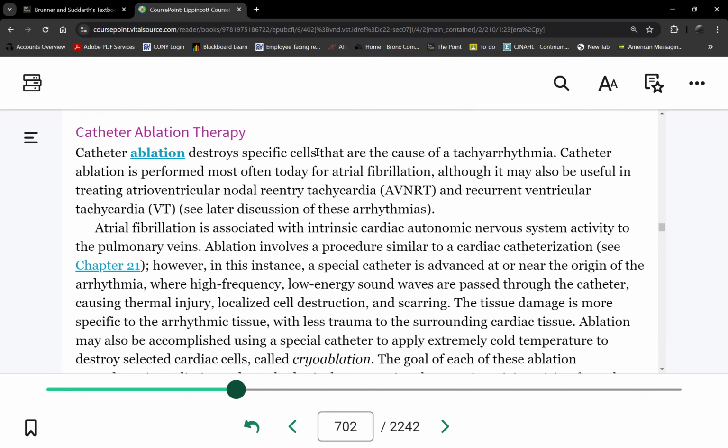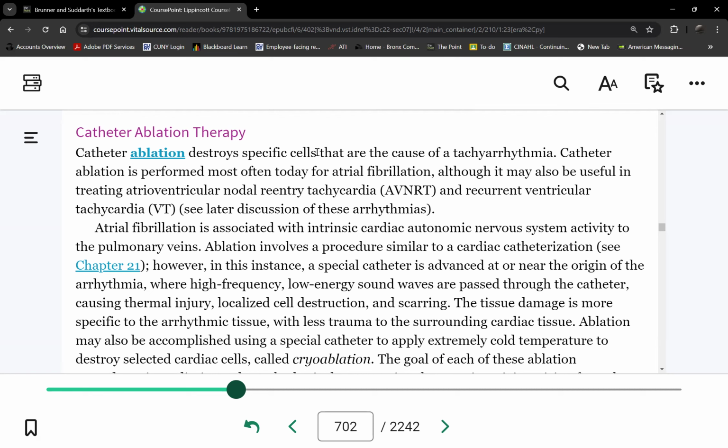However, when we age, because age is the number one risk factor for AFib, some cells that were supposed to be specialized start doing things they're not supposed to do. Some of them try sending electrical impulses now.